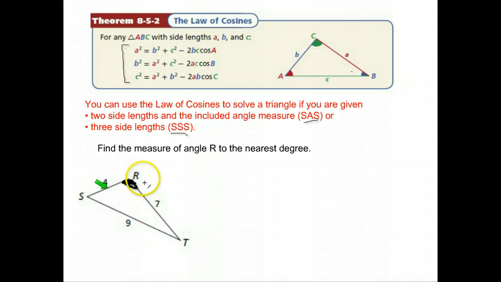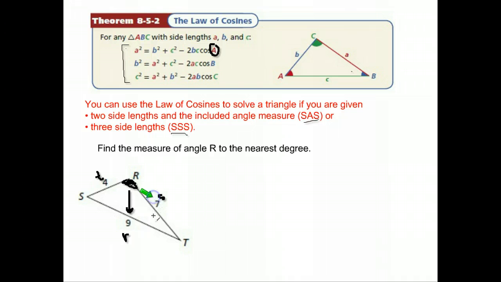Okay, so when I set this up, notice the angle you're looking for, or the angle you're using. Like here, angle A was the one I was taking the cosine of, and it was equal to everything over here was equal to lowercase a. So when I start my formula, since I'm trying to find angle R, here's my little r, here's my little s, and this would be little t.